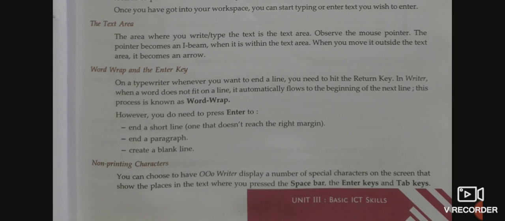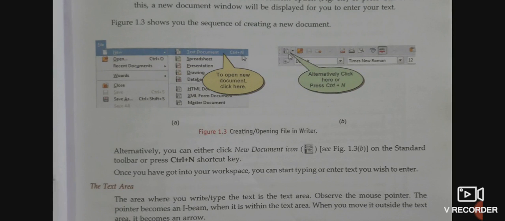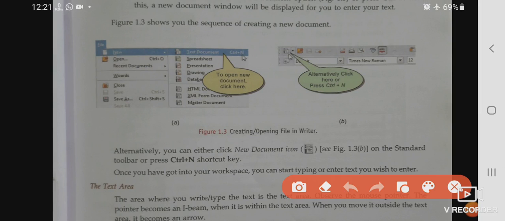Children, on a typewriter, when you want to end a line, you need to hit the return key. While in Writer, it is done automatically. This feature is known as word wrap. Let me explain what word wrap is. Suppose you are writing, and now here your line ends.